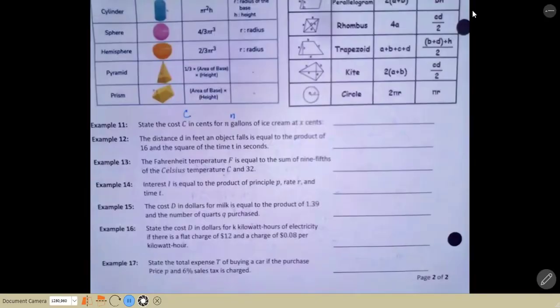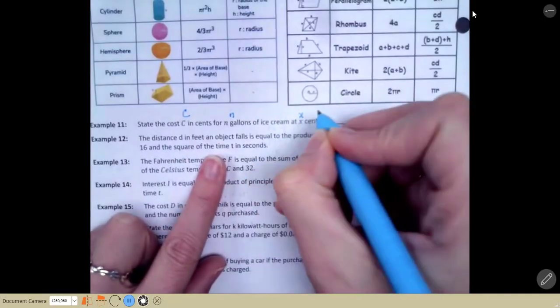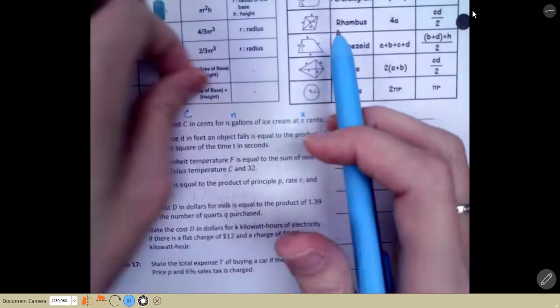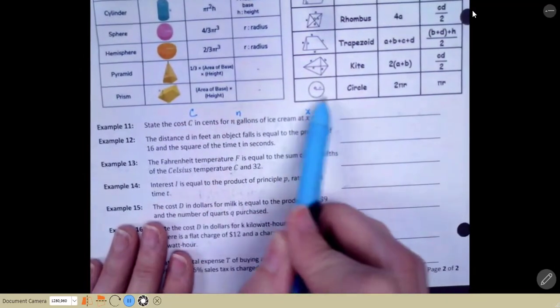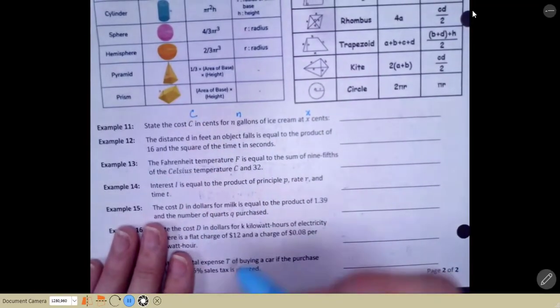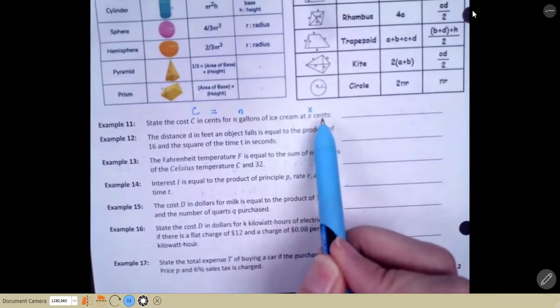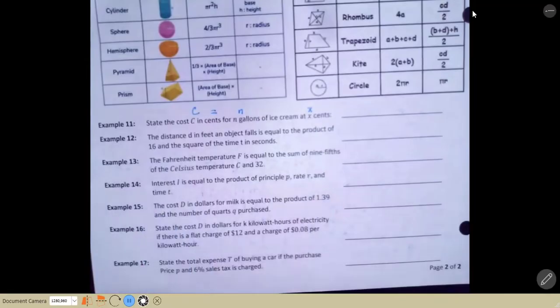Now, if I were doing this on my own, I would use G for gallons of ice cream at X cents. Okay, so we have the variables. We just need to figure out what goes in between those variables. So when we talk about cost here, our cost is going to equal how much ever we spend, right? So what do you think will go in between our C and our N? Equals. And what are we doing with the gallons and the cents? That's kind of confusing. Let me give you a different way to word it.